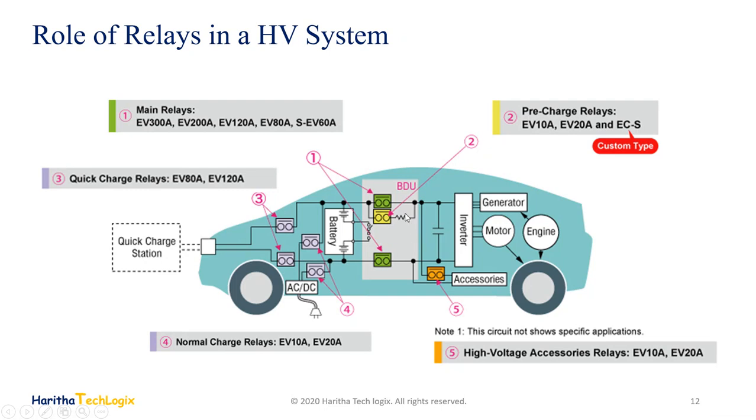The pre-charge resistor in the circuit limits the flow of the current to the capacitor. Once the smoothing capacitor reaches approximately 90% of the capacity, the high voltage battery will be connected to the inverter system by closing the positive main relay and opening the pre-charge relay.